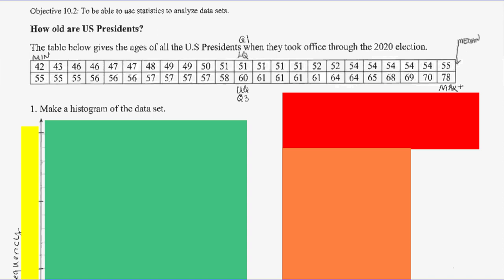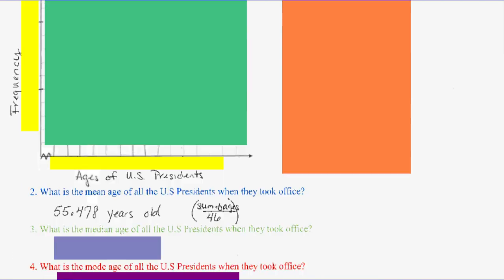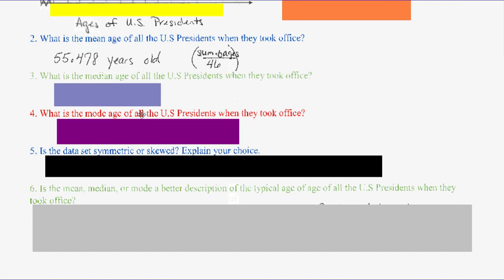And so where would that end up? That's between this 55 here and this 55 here. Well, the average of 55 and 55 would be 55. So here's our median data set. So the median age for the US presidents is 55 years old.